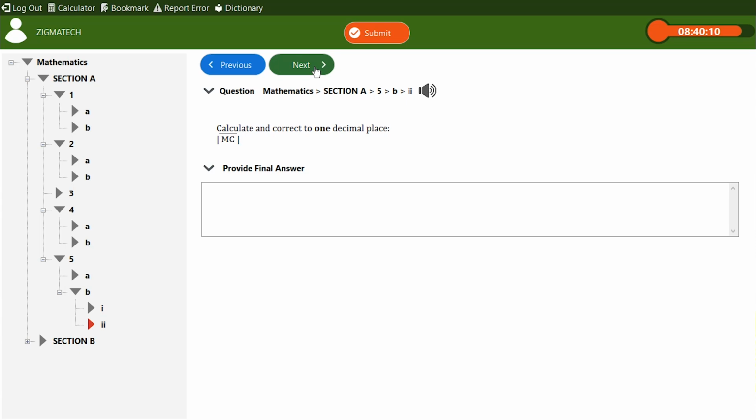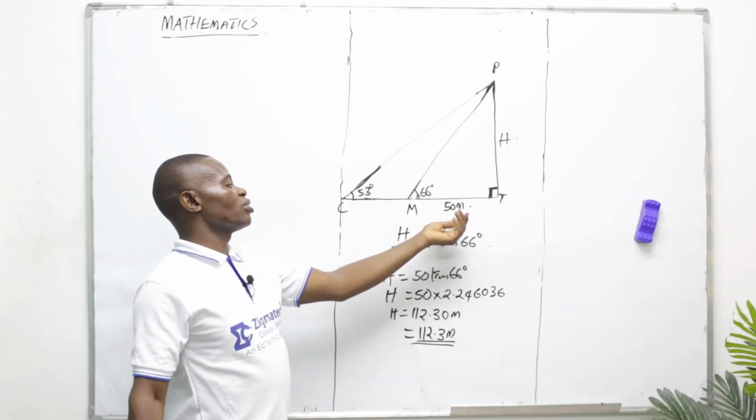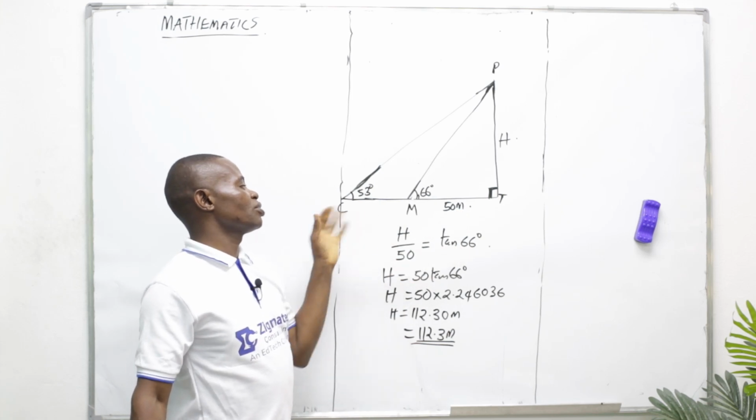Now the distance MC. It's also a nice one. Let's see how we can go about the length MC, this side. If you watch this diagram very well, we'll have the height already. We'll have part of the distance. The total distance is what?